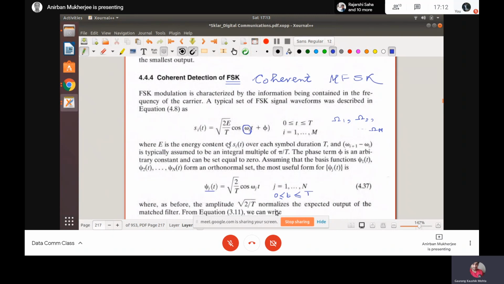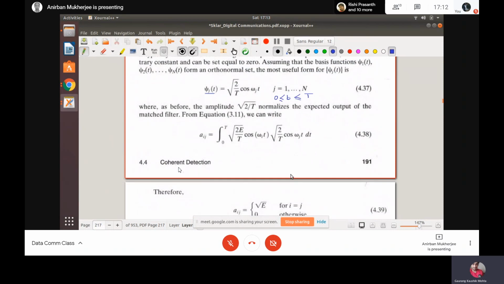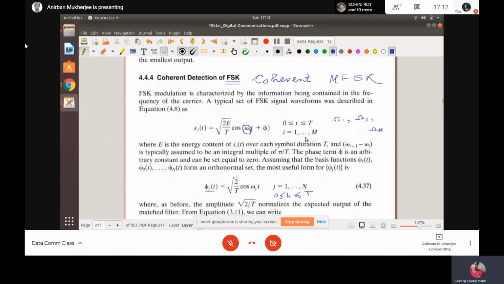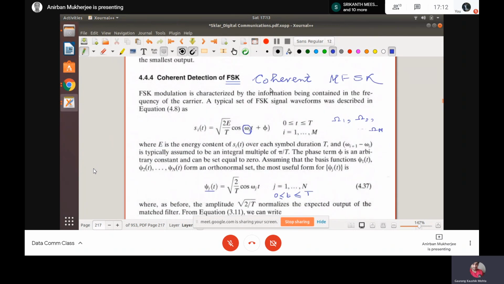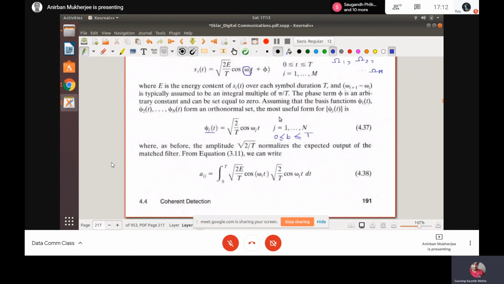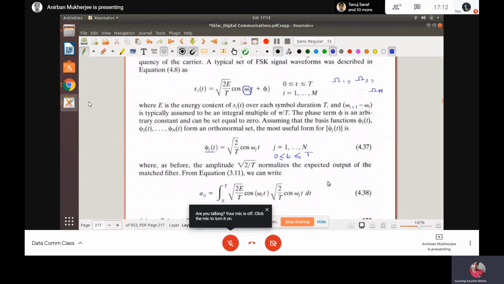And then basically, when you are calculating aij, this aij is basically from equation 3.11.